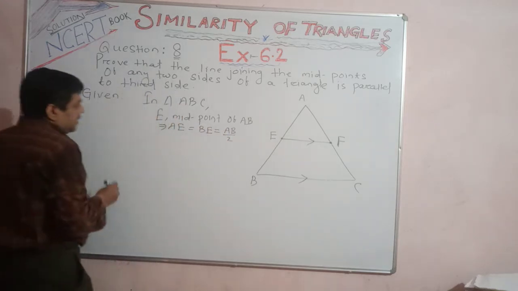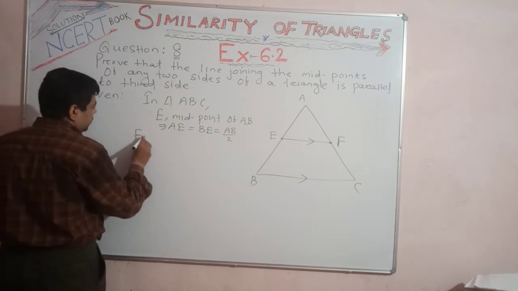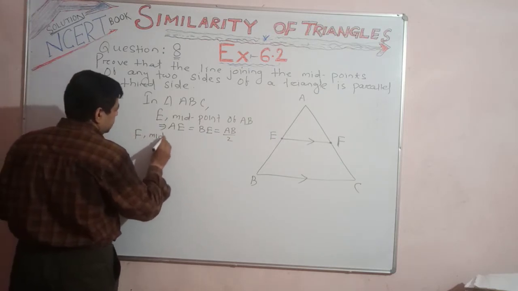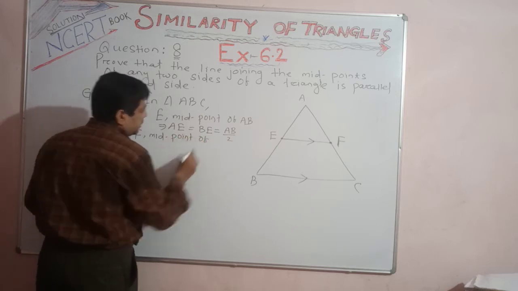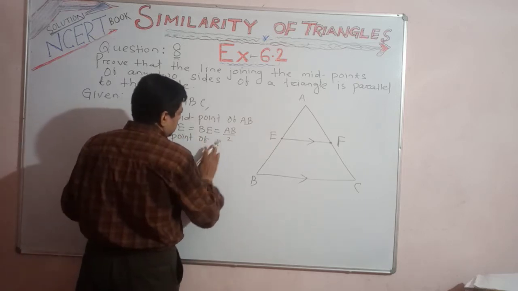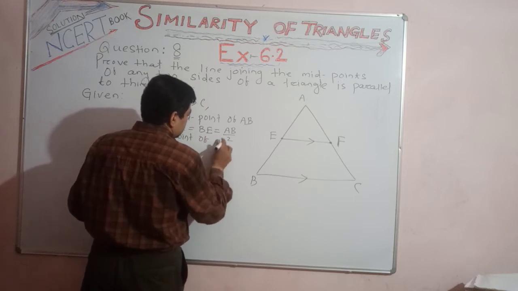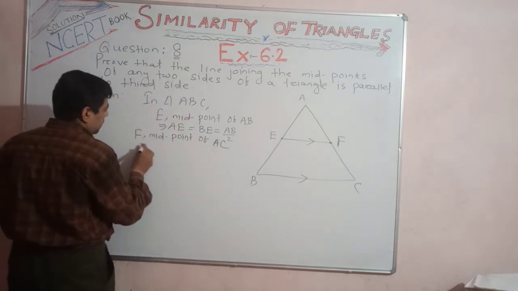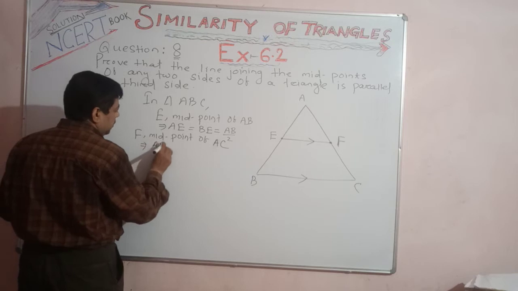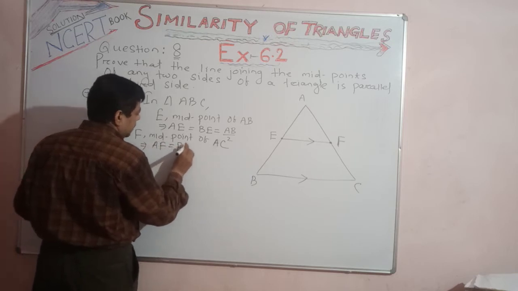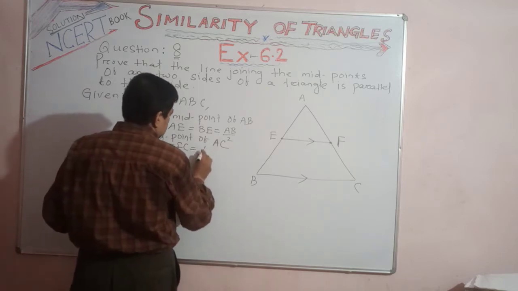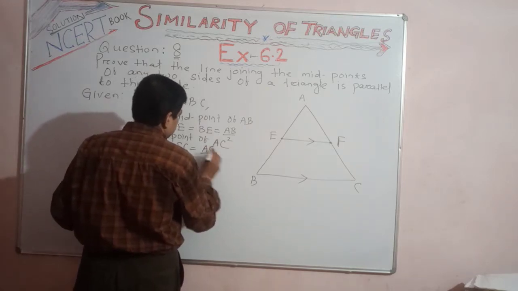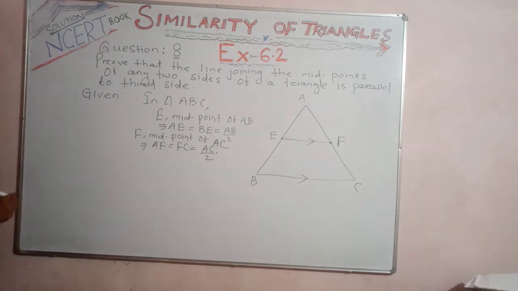Similarly, F is the midpoint of side AC. That implies AF is equal to FC is equal to AC upon 2. Right?